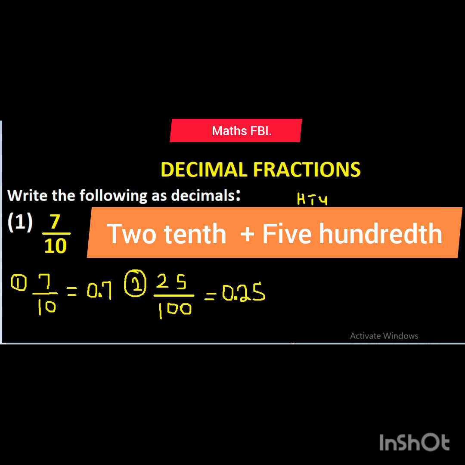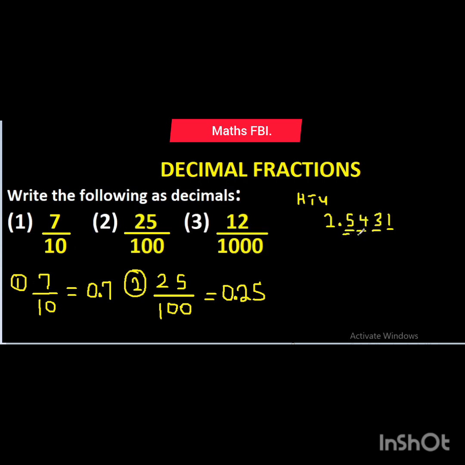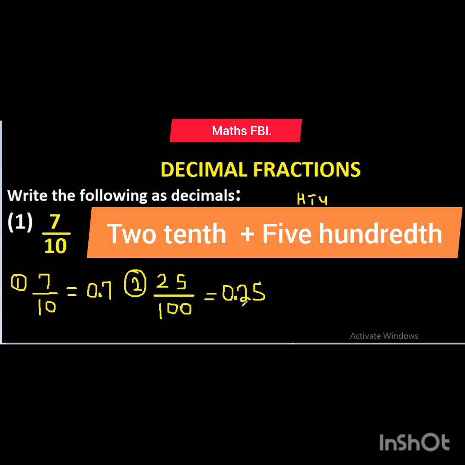Remember, after the decimal point here, the first digit is tenths, the second digit is hundredths, the third is thousandths, the fourth is ten-thousandths. So 100 in 25 is 0, and then right after the decimal point is 2 over tenths, which is 2/10. The first digit is 2/10, and the second digit is 5/100. It's a combination of 2/10 and 5/100. When you add it together, you have 0.25.